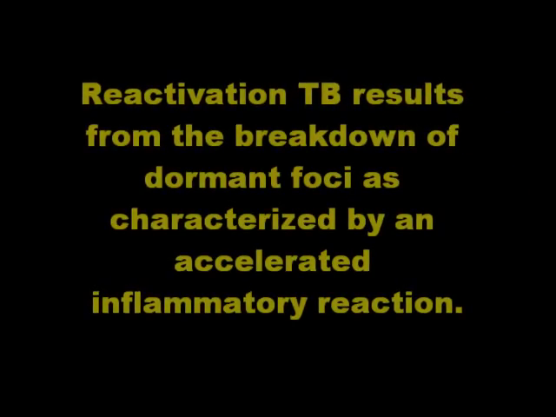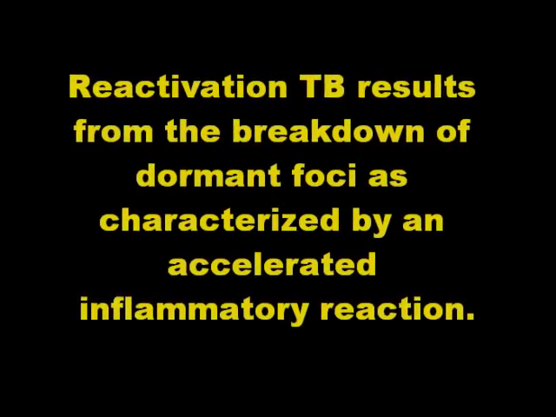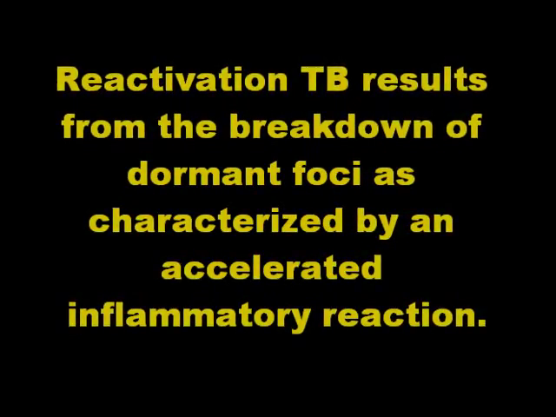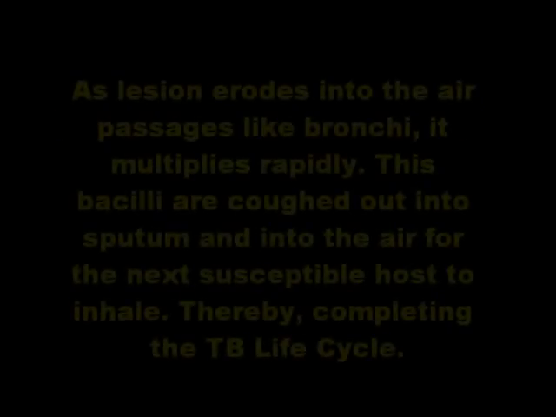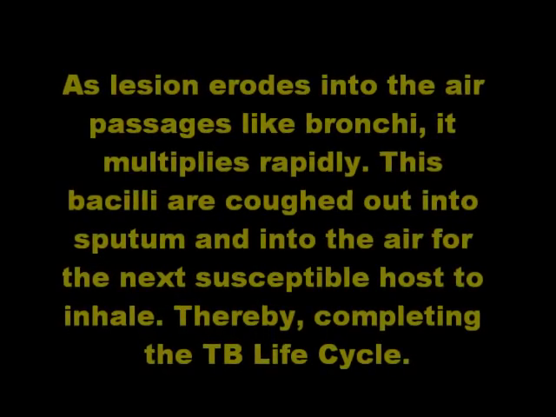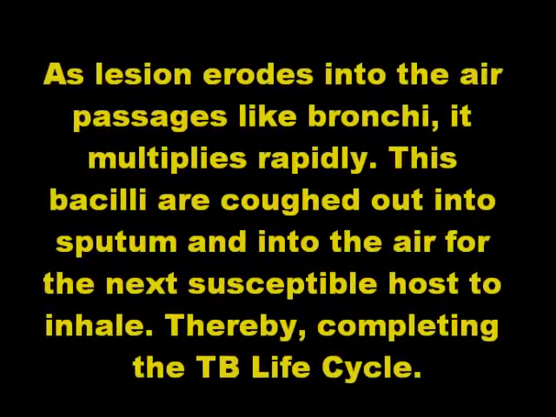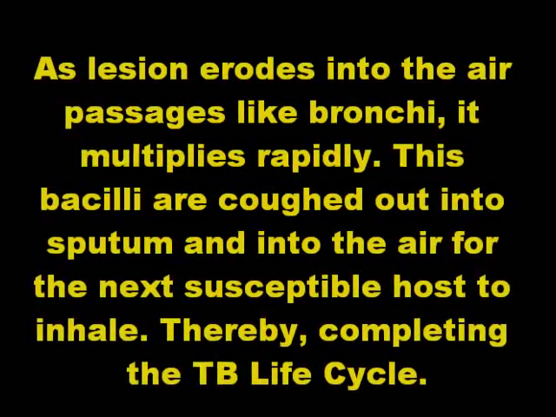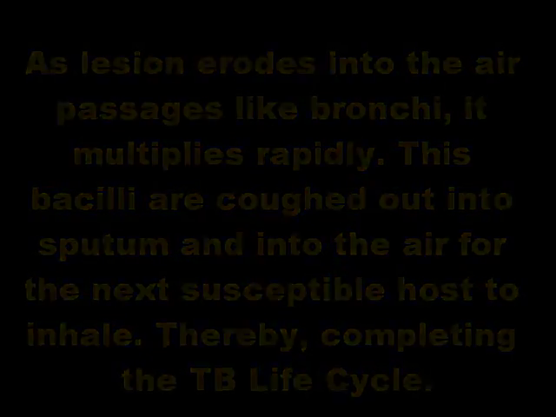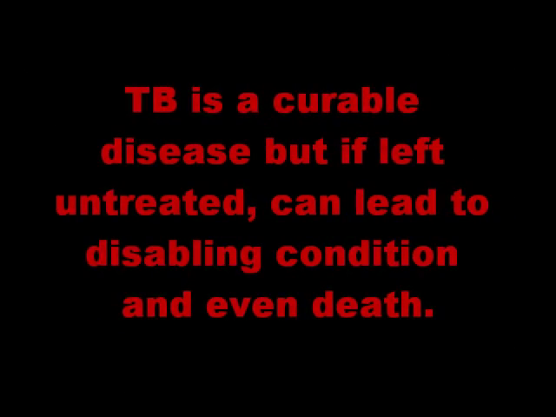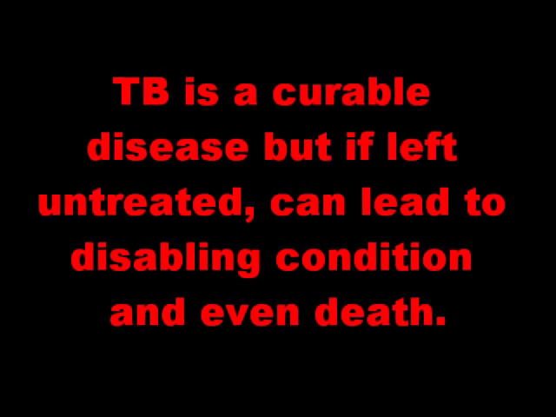Reactivation tuberculosis results from the breakdown of dormant foci, characterized by an accelerated inflammatory reaction. As the lesion erodes into the air passages like the bronchi, it multiplies rapidly. The bacilli are coughed out into the sputum and into the air for the next susceptible host to inhale, thereby completing the TB life cycle. Tuberculosis is a curable disease, but if left untreated, can lead to disabling conditions and even death.